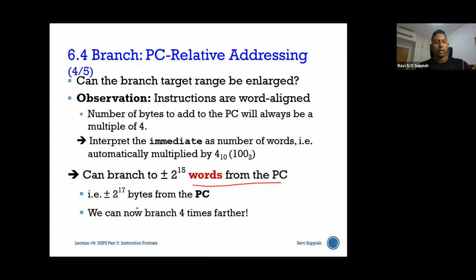But what we are more interested in is that you can branch up to plus minus 2 to the power of 15 words from the PC. We interpret it as words by automatically multiplying the information by 4. We will see this again and again, in this as well as in the next chapter, and then you will realize how this works. How come I can take this and multiply by 4 and then add, and so on.